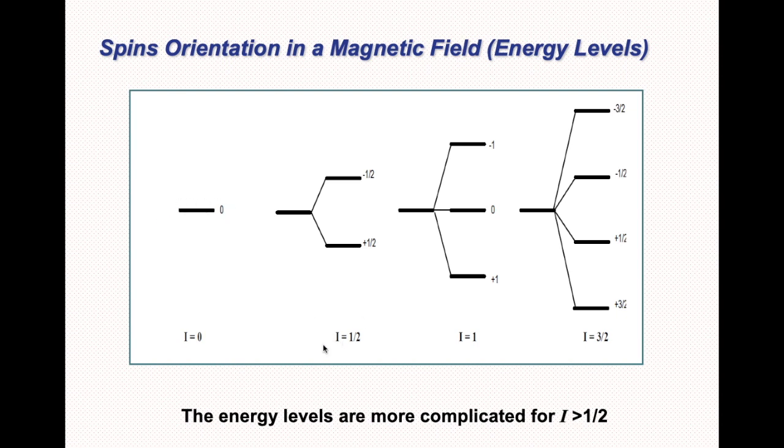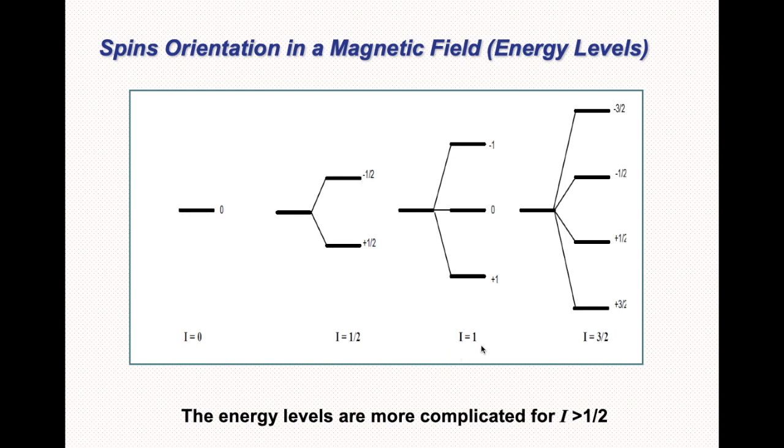For example, if your nuclear spin is half, then according to 2I plus 1, there are two different orientations. One is the plus half state, the other one is the minus half state. So accordingly, we can observe one particular transition from the plus half state to the minus half state.